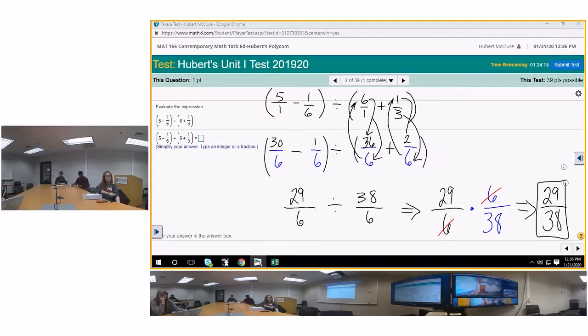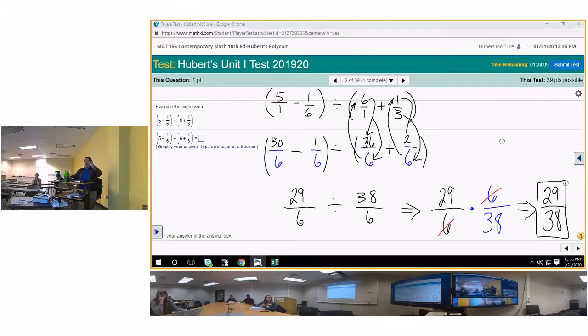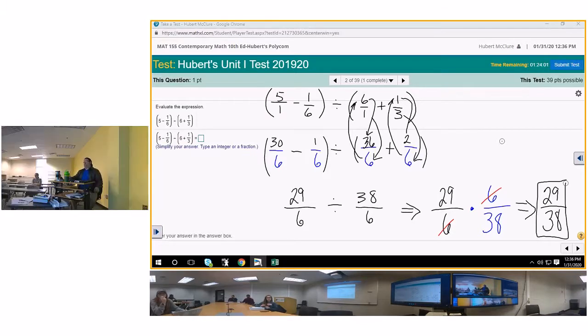Hey, let me ask you again, because I didn't mean for that to be rhetorical. I meant for y'all to communicate with me. What number tells me that it may not be reducible? Why is it 29? You are correct. Why? Prime number.